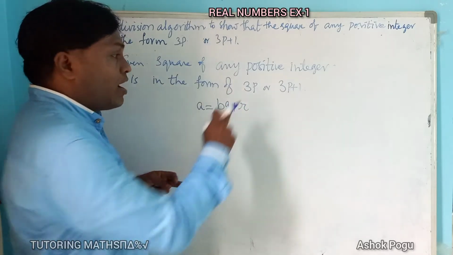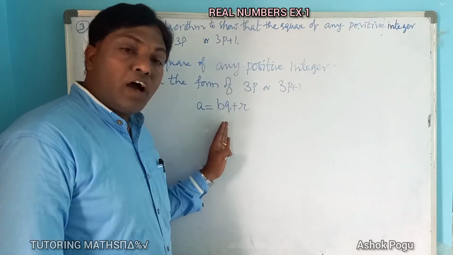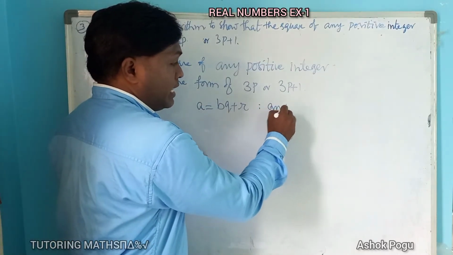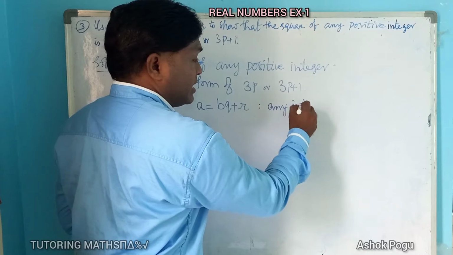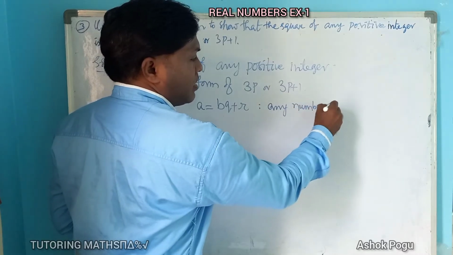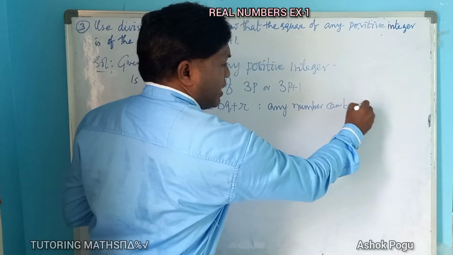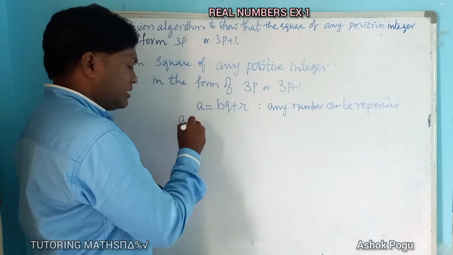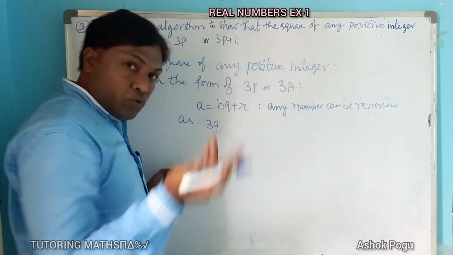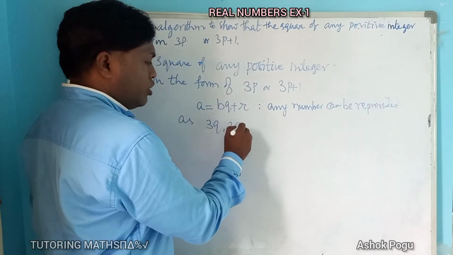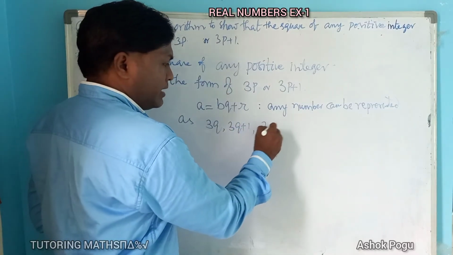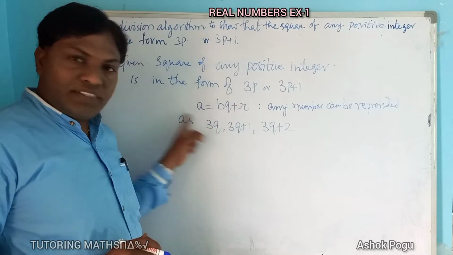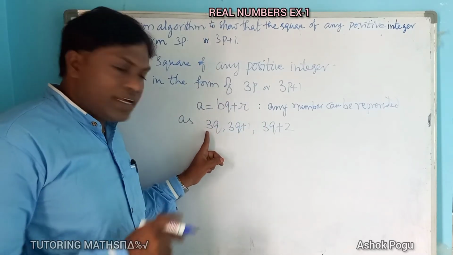If 3 is the divisor, now here A is equal to bq plus r, any integer can be represented as 3q, 3q plus 1 and 3q plus 2, because observe, according to Euclid's division algorithm, what is the remainder here?